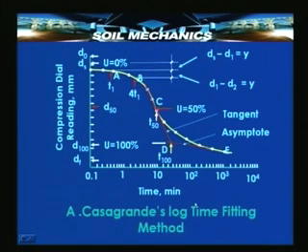So, here is the explanation for the method in pictorial form. If this yellow line represents the dial gauge reading versus logarithm of time, then the first step is to take this as a parabola, because it is found that in the theoretical u versus log t curve, the first portion, this part, is a parabola.